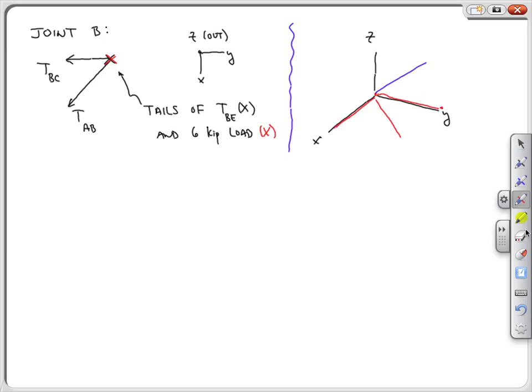Here we're going to have joints A, B, C, and D, all lying in the xy plane. So members AD, BD, and CD are coplanar. And then we're going to have a member DE, which is not coplanar. So the projection here of DE in the xy plane is going to make an angle alpha.